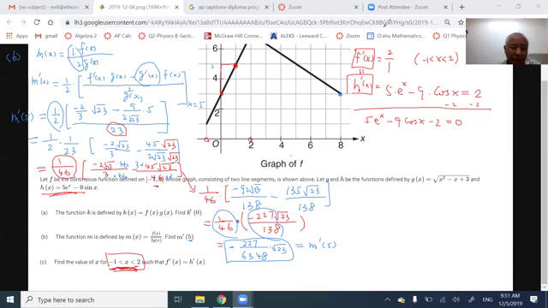So you're going to have 5 e to the x power and the minus 9 cosine x and the minus 2. So 5e^x minus 9 cosine x minus 2. So that's the function I keyed in, okay? After that, you go second function, calculate, you find the zeros.